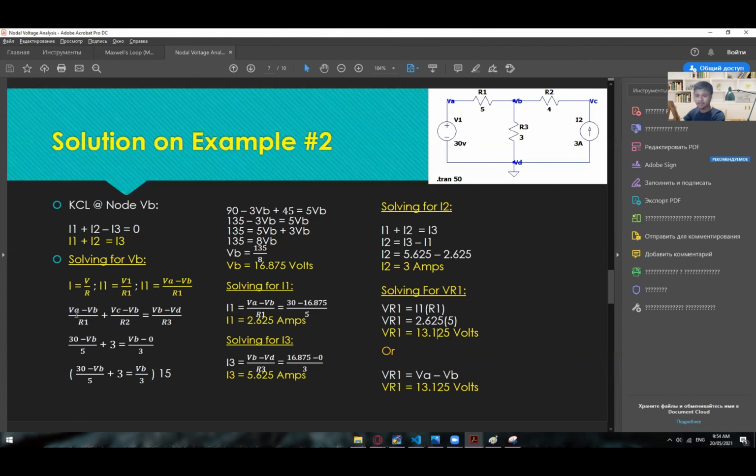Going back to our main reference, we have VA minus VB for our voltage drop. So VA is 30 minus VB, which is 16.875. So 30 minus 16.875 will give a result of 13.125 volts.